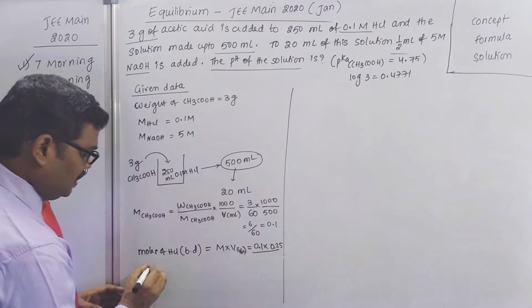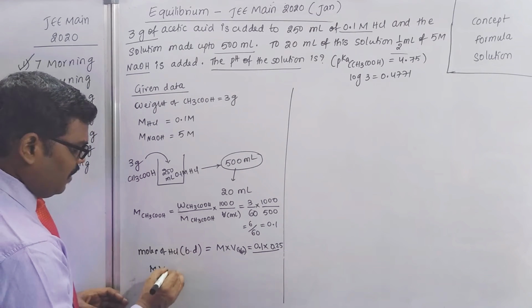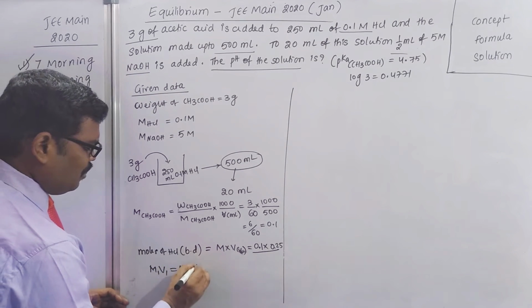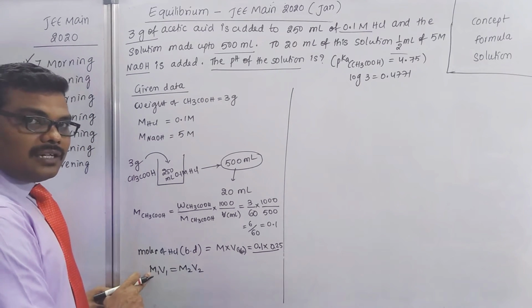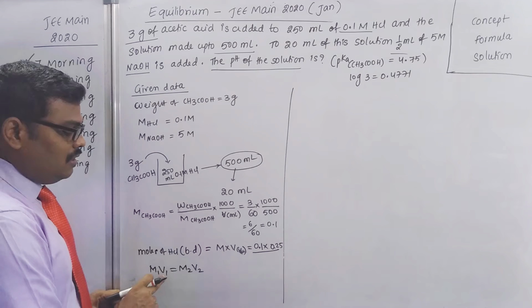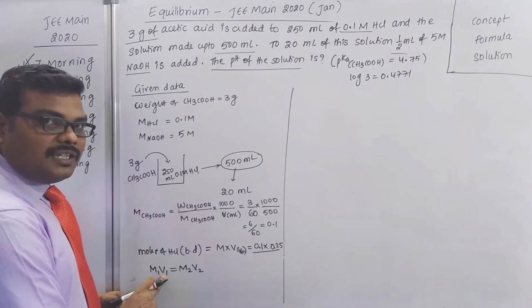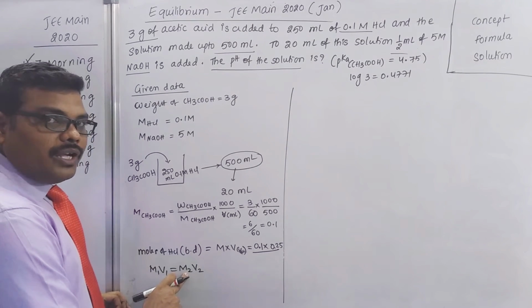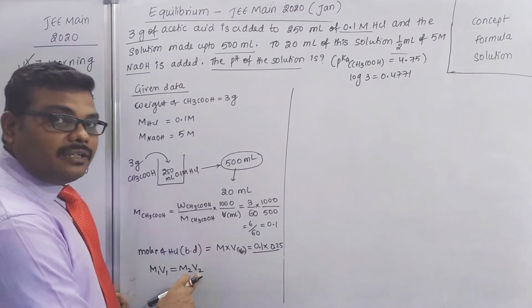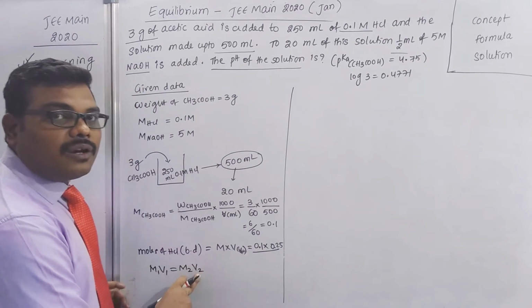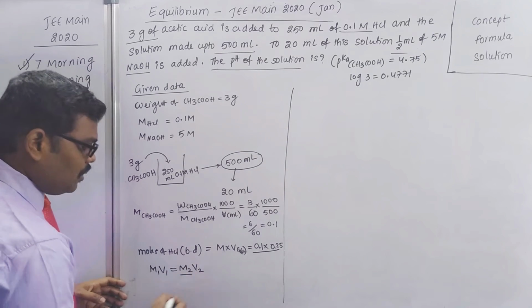So now we have the relation M1V1 is equal to M2V2. Here M1 is the concentration of HCl before dilution, V1 is the volume of HCl before dilution, M2 is the concentration of HCl after dilution, V2 is the volume of solution after dilution. Now we require M2.